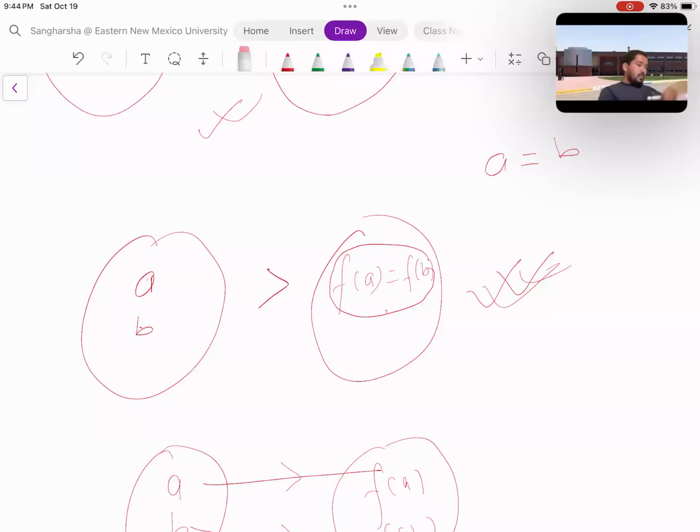You have one input, which is A or B, with its unique output. It's the same number, and it is mapping to exactly one unique output. And that makes the function one-to-one.